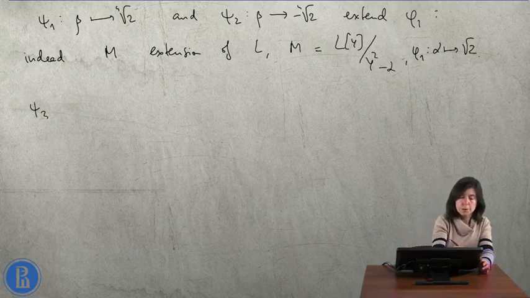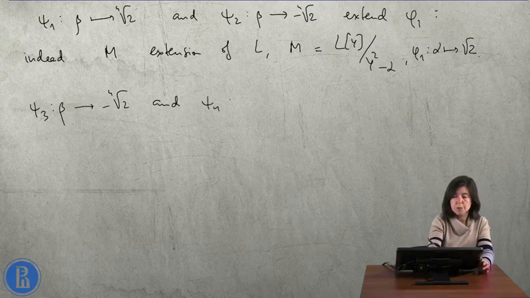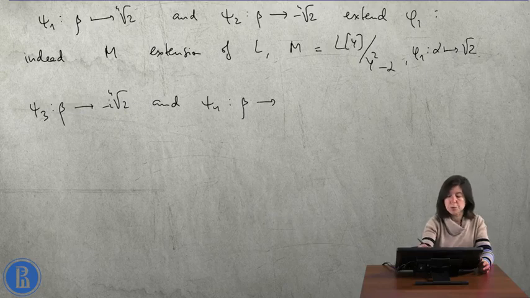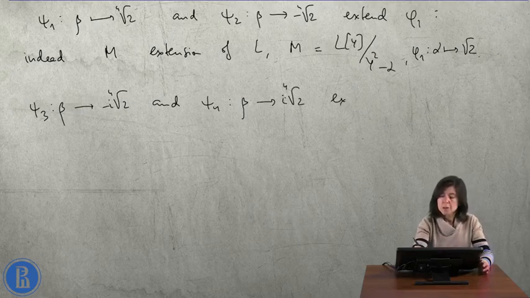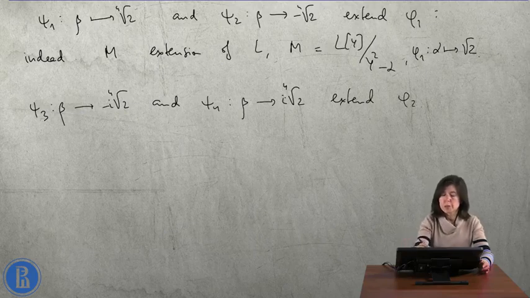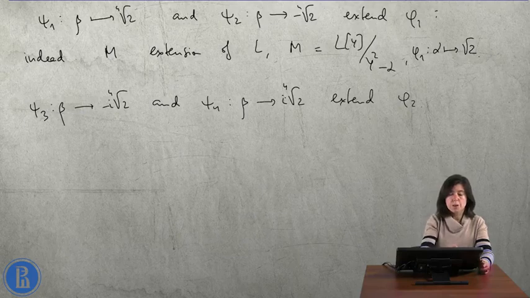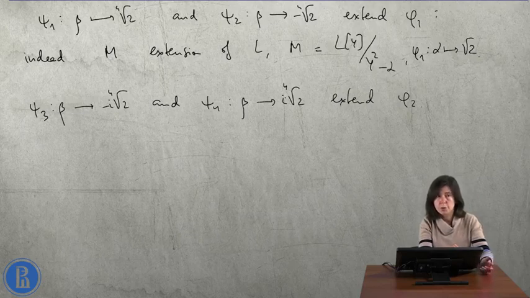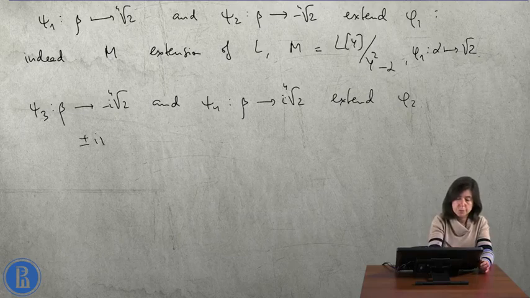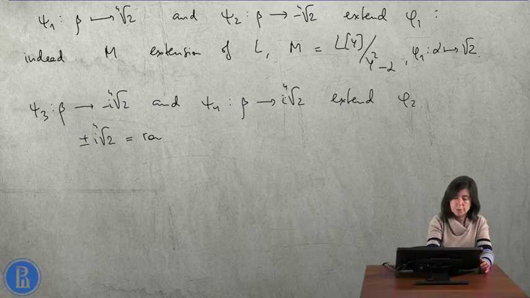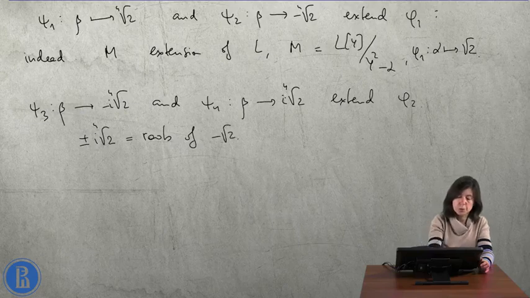And psi 3 sending beta to plus i fourth root of 2, and psi 4 sending beta to minus i fourth root of 2, extend phi 2. Indeed, phi 2 sends alpha to minus square root of 2, and here plus minus i fourth root of 2 are the square roots of minus square root of 2.